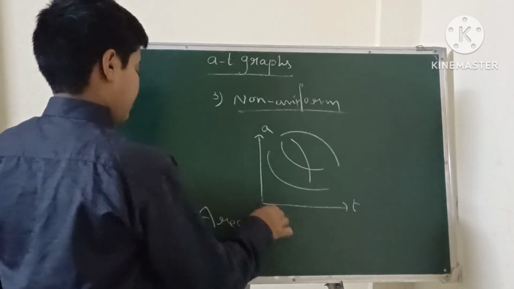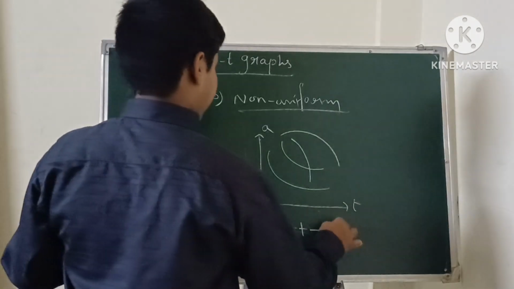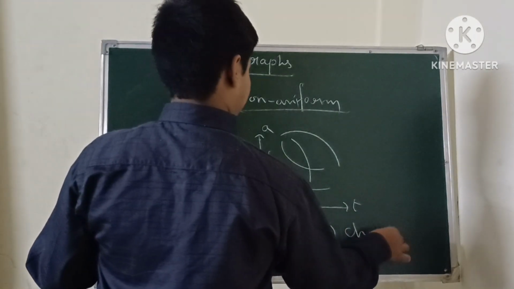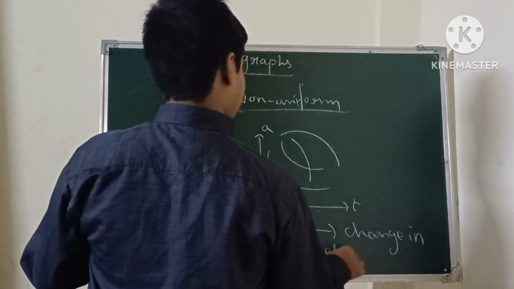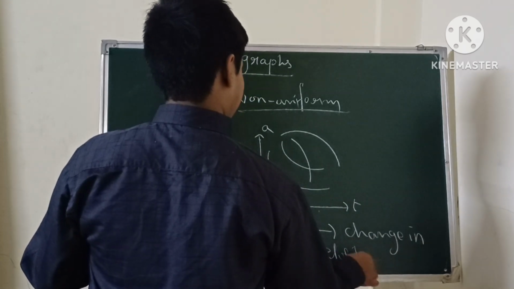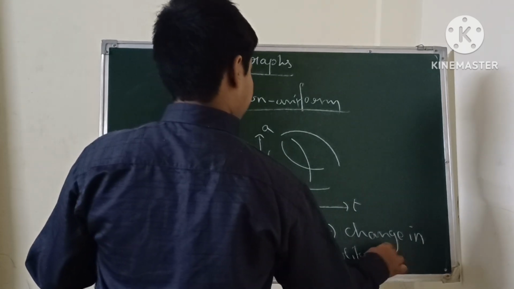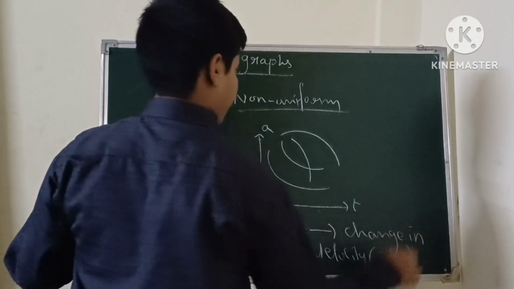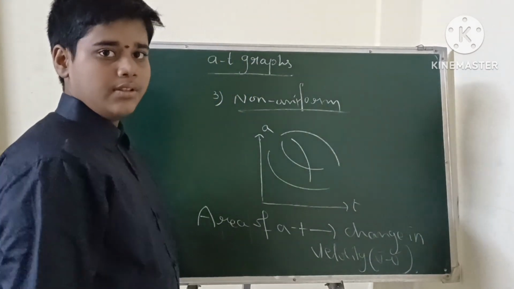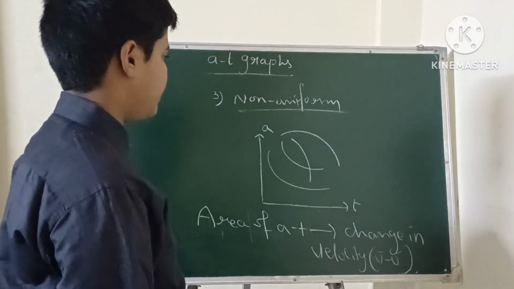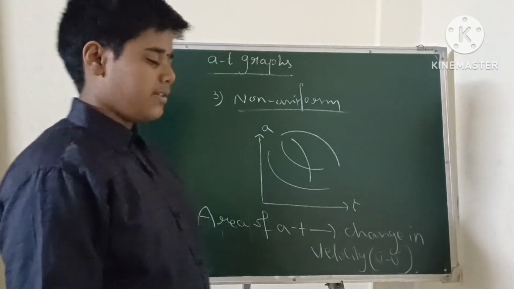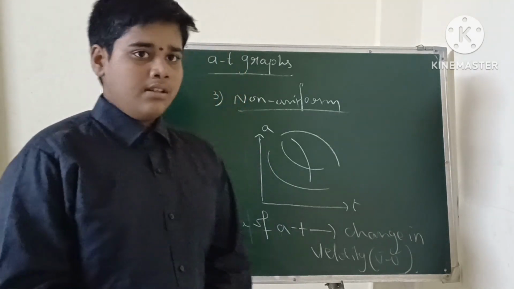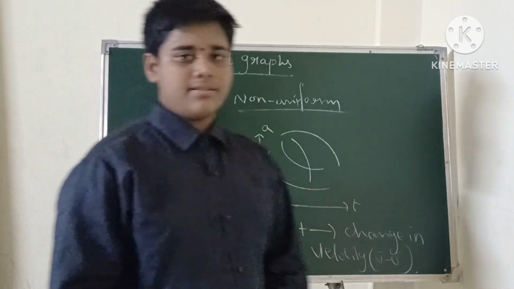The area of AT graphs is the change in velocity. Change in velocity means V bar minus U bar. Okay. And these are the graphs, AT graphs. And the graphs topic is completed. And today's topic is completed.